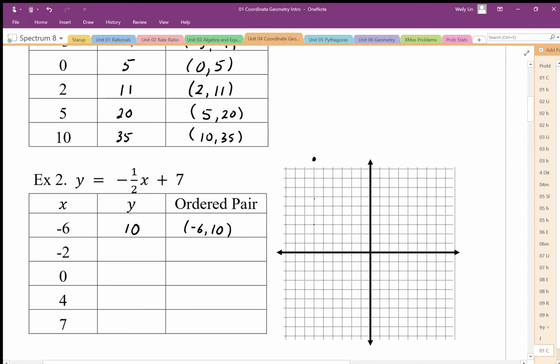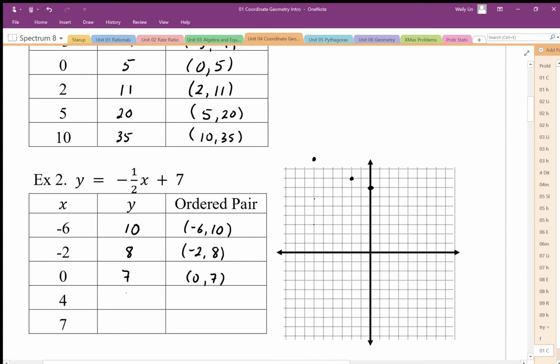Okay, so negative 2, I'm going to plug in negative 2, so negative 2 times negative 1/2 is 1, so I end up with 8. So I get an ordered pair of negative 2, positive 8. Okay, so I'm going to get a point right about there. 0 is going to give us 7. The ordered pair is 0, 7, and my point is going to be right there.